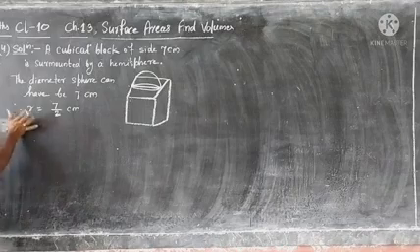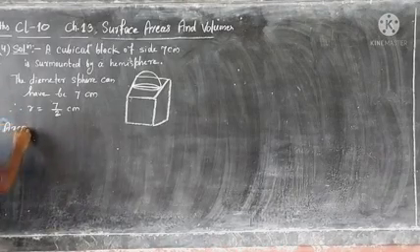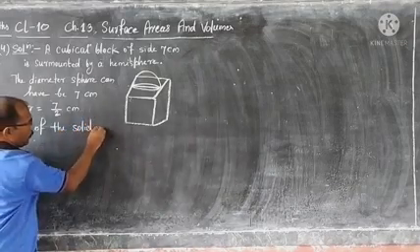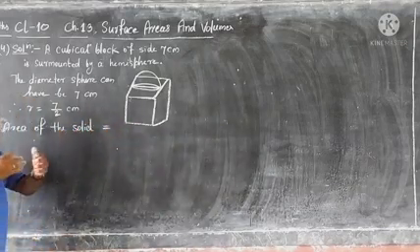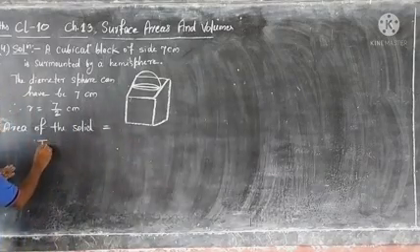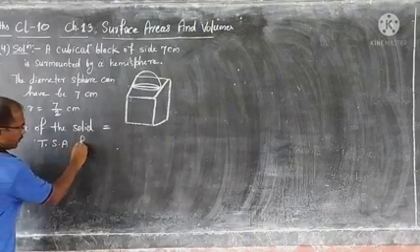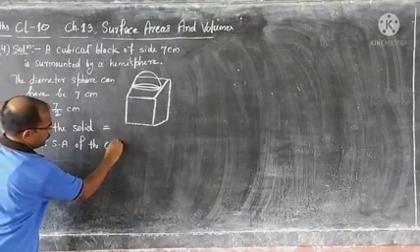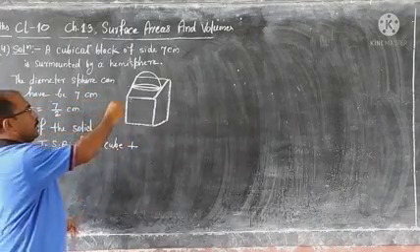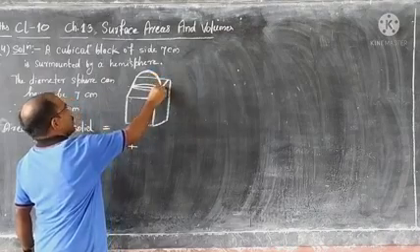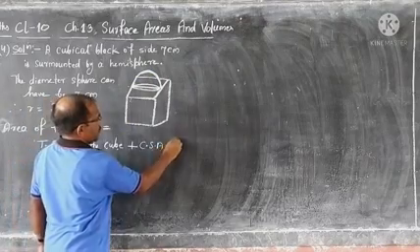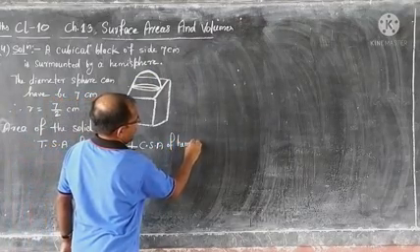Area of the solid will be equal to the total surface area, that means all the surfaces of the cube, so total surface area of the cube, plus, because it is combined, the curved surface area of the hemispherical portion.